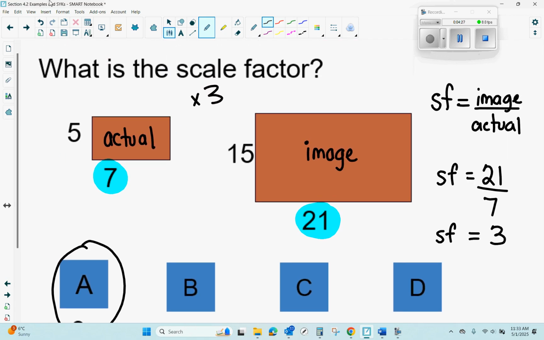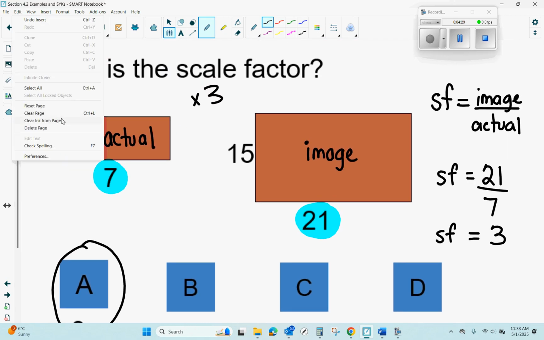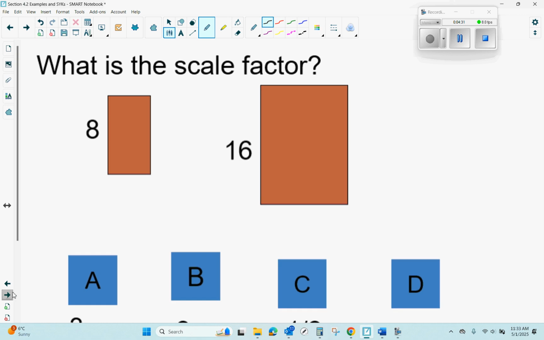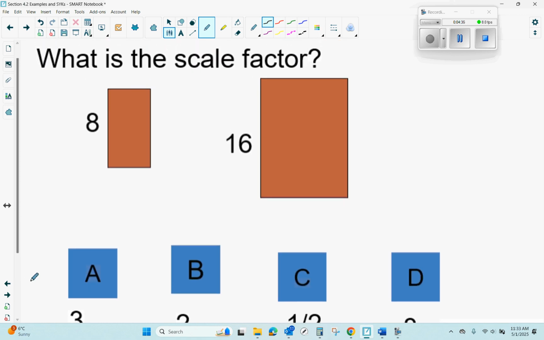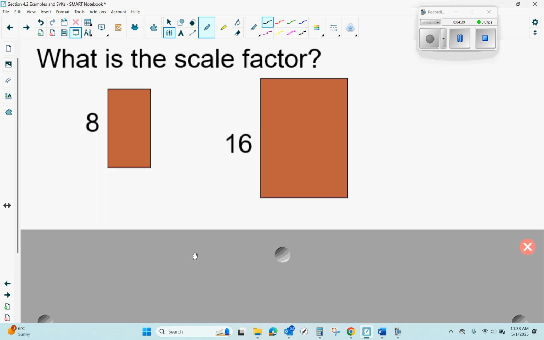Okay, try the next slide yourself. We can even pause the video if we would like. What is the scale factor? Okay, now I know most people can look at this, and as you get good at this you're going to know the answer right quick. I'd still like you to show me your work.